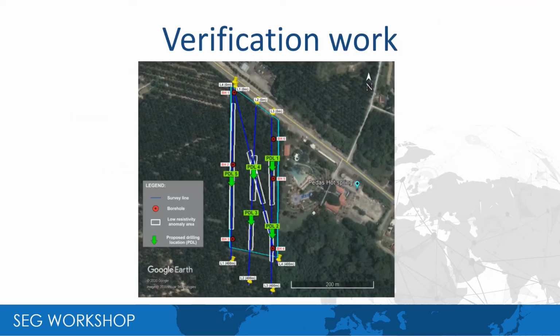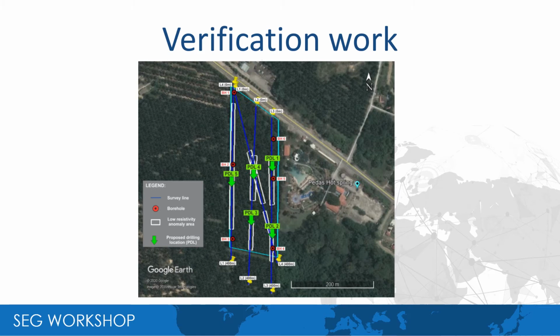Alright, so this slide shows the 5 proposed drilling locations, PDL number 1, 2, 3, 4 and 5, which we compiled from the resistivity and IP results.